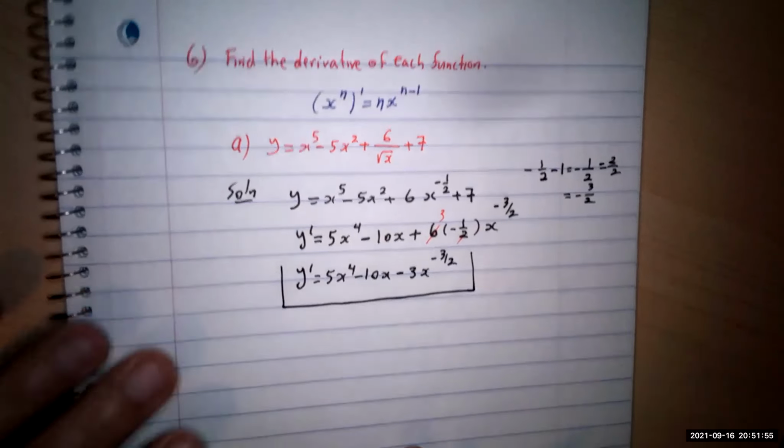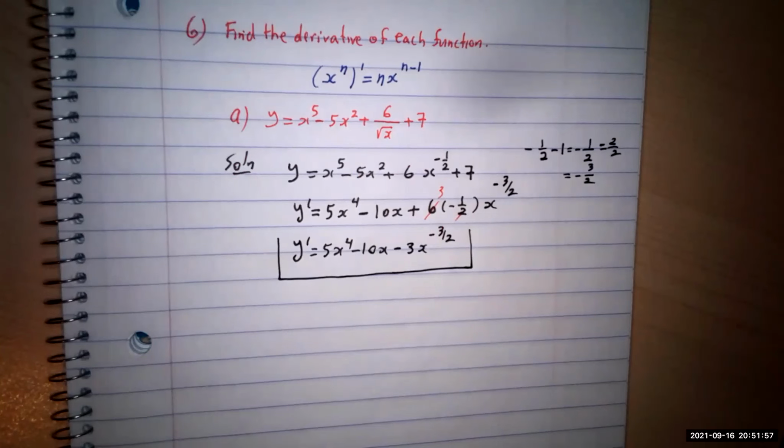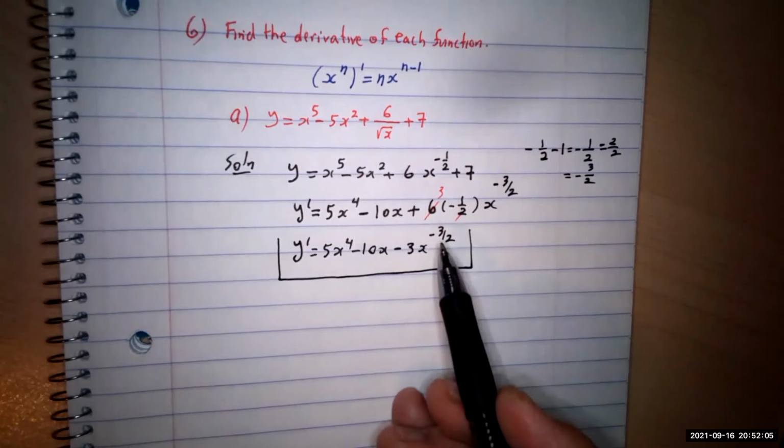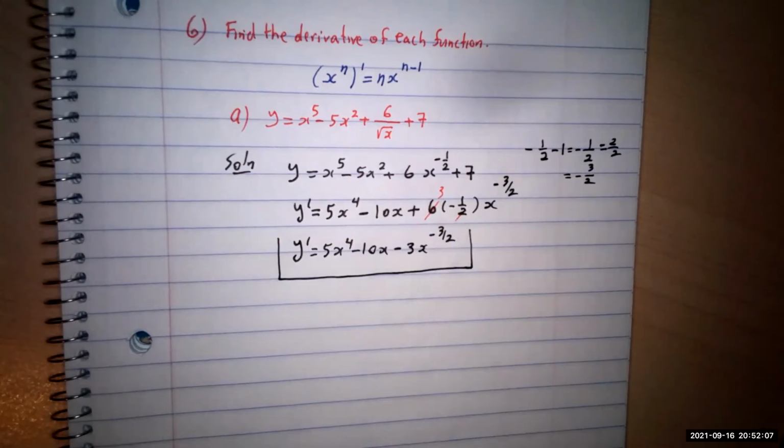You don't need to do any extra operation with the algebra. You can do it for yourself, but this is the calculus part. I know that in your book they change x to the negative 3 halves into 1 over the square root of x to the third. No, you don't have to do it. So that's going to be the final answer. Any question? Make sure that you do the algebra part all right.